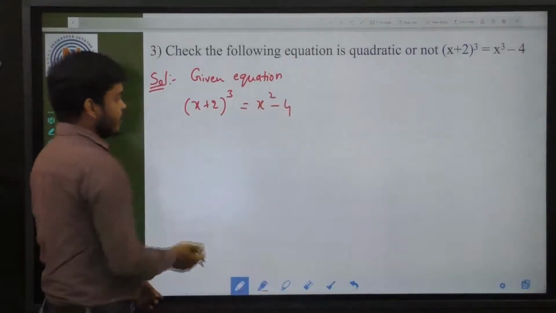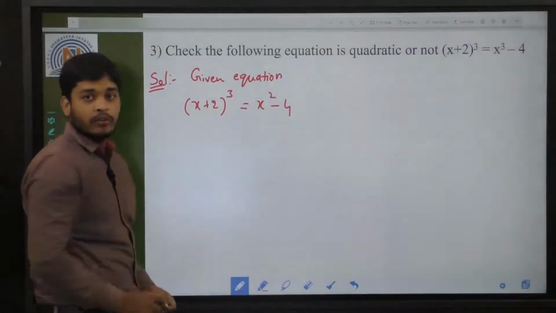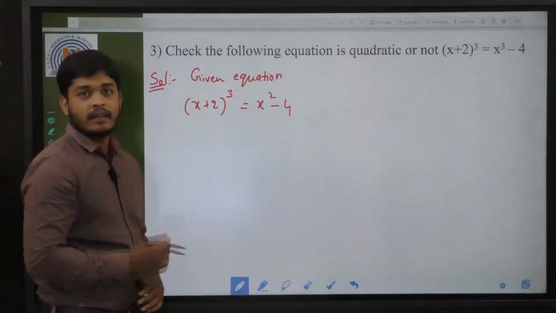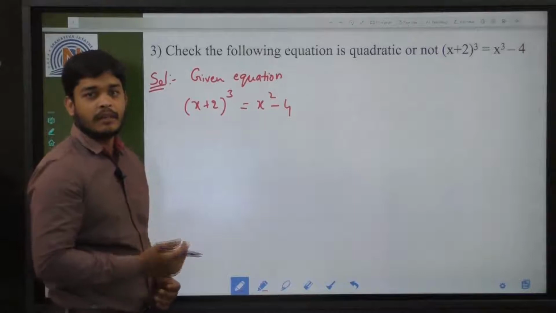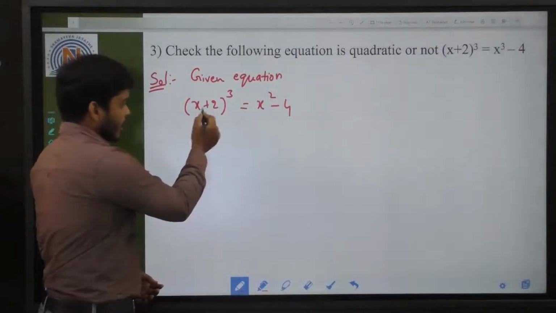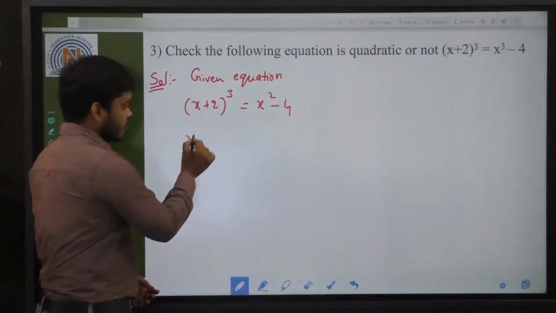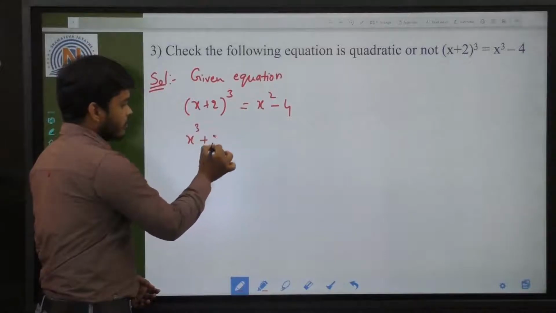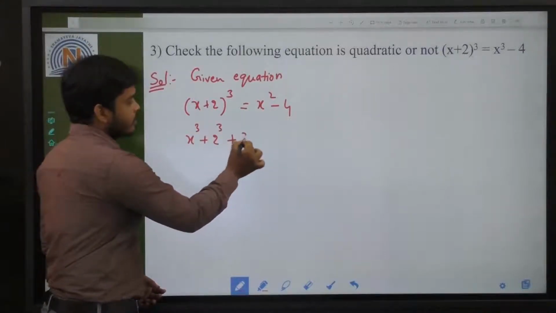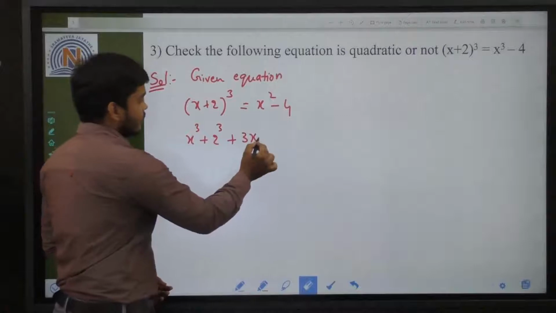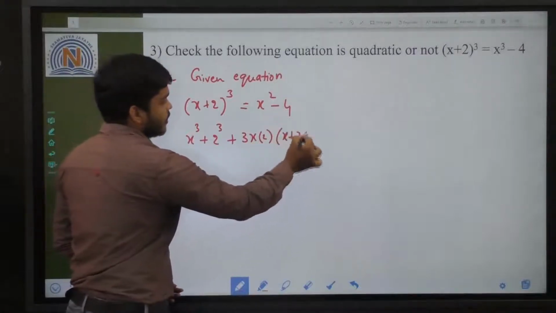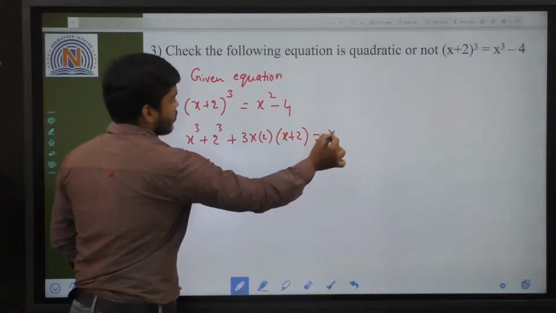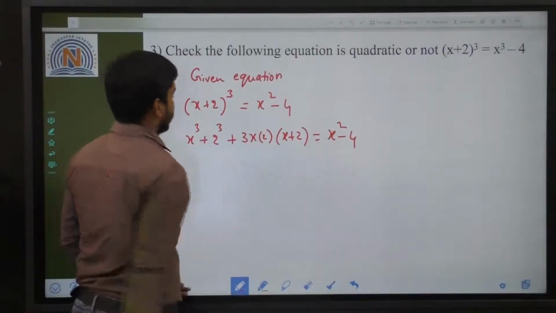Simplify this equation. (a plus b) whole cube is a cube plus b cube plus 3ab into (a plus b). So (x plus 2) whole cube is x cube plus 2 cube plus 3 into x into 2 into (x plus 2), equals x square minus 4.